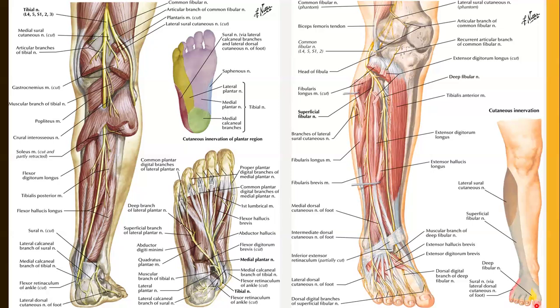The nail beds of the toes tend to be supplied by nerves which are on the plantar aspect. So the medial and the lateral plantar nerves are the ones that will contribute to innervating the nail bed of the respective toes. This is because of how the nail develops embryologically.